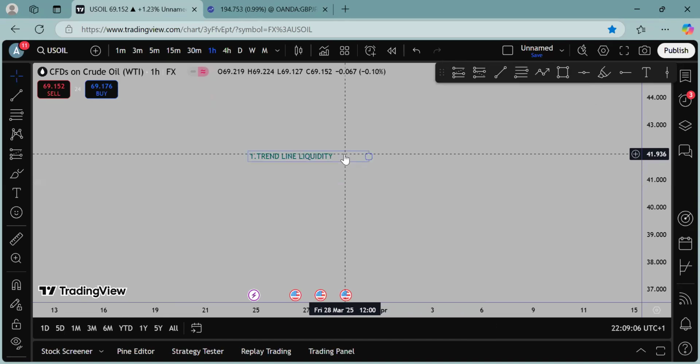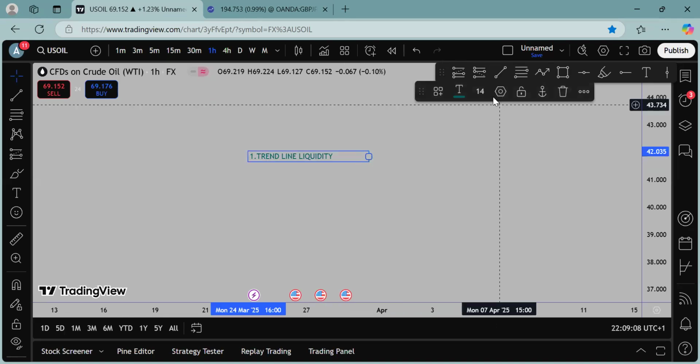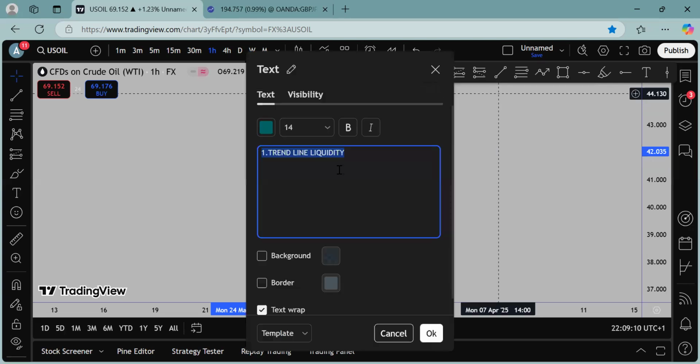Okay, good. So we have the trend line liquidity, and also number two, we have the double top liquidity. Number three, that's what we mean by double top, like equal highs, equal lows.